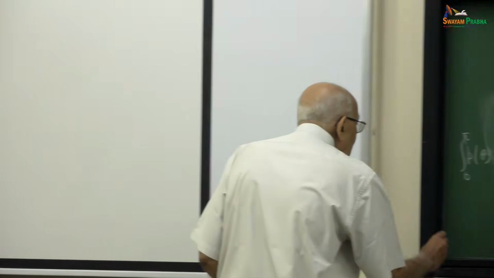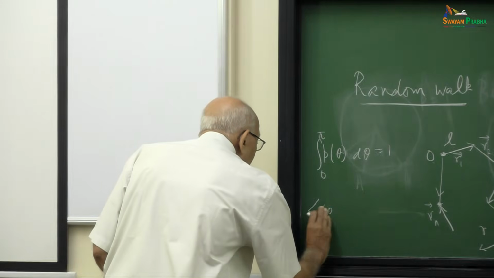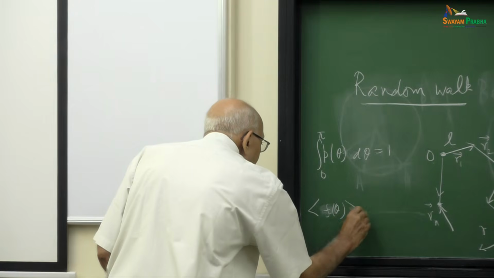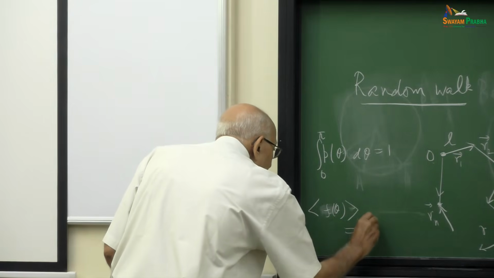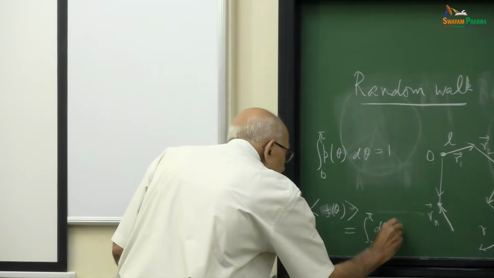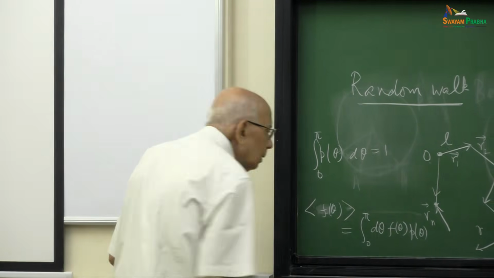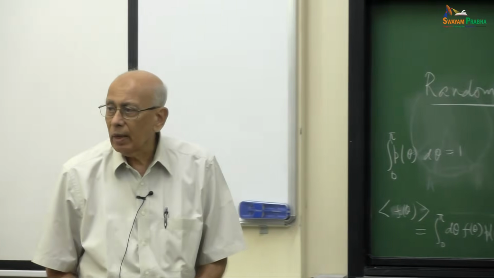It's 1 over pi. But in general, if you want cos squared theta or any function of theta, you want the average value. This is an integral from 0 to pi of d theta f of theta P of theta. That's the average value.